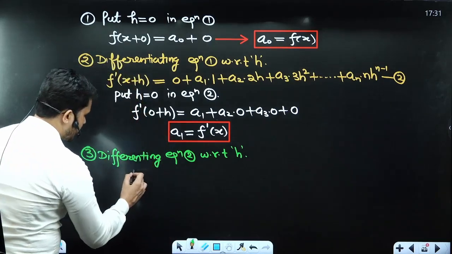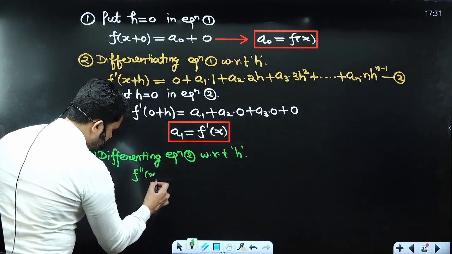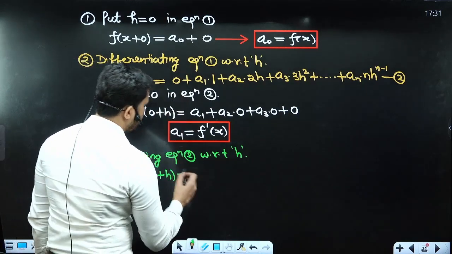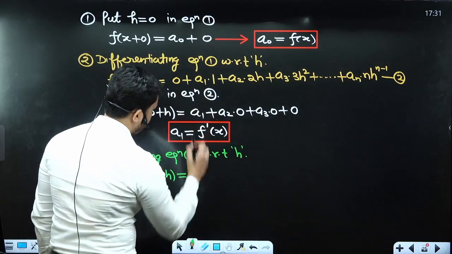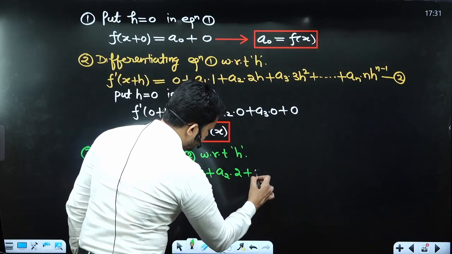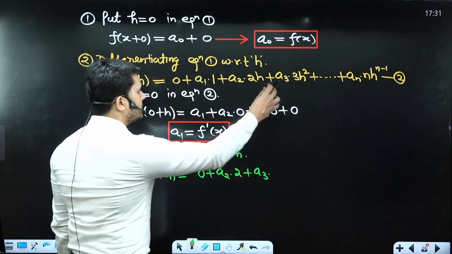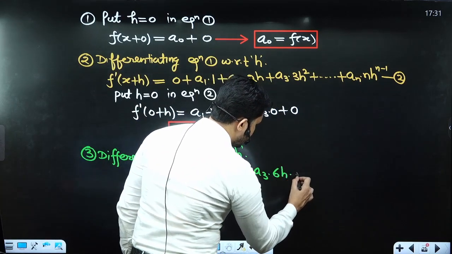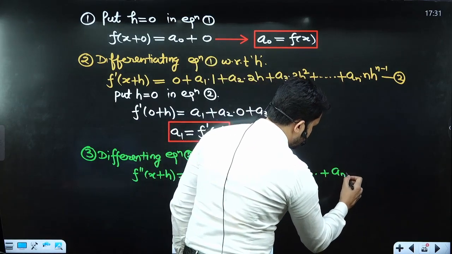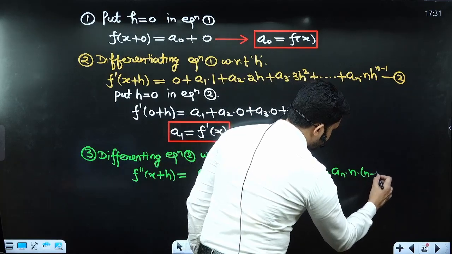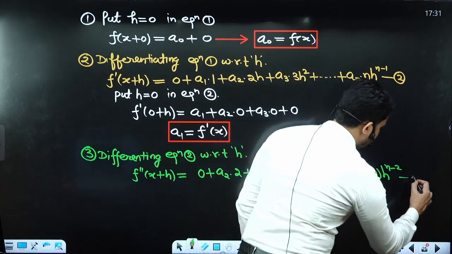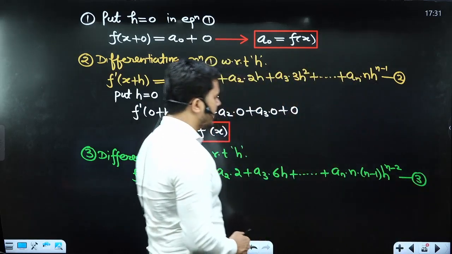So it will become f double dash of x plus h is equal to, on the right hand side, a1 becomes 0, plus a2 into 2, plus a3 into 6h, and at last a n into n into n minus 1 into h to the power n minus 2. This is equation number 3.